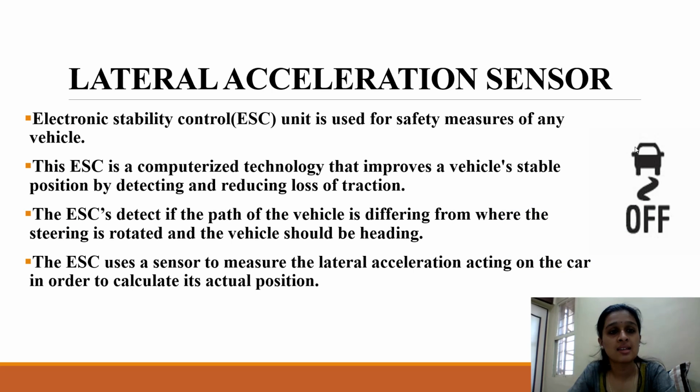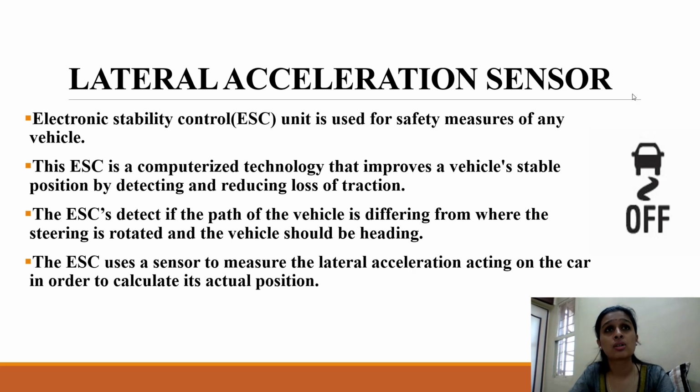The next we can see is the lateral acceleration sensor. Now these three sensors are utmost important for any suspension system. So basically whenever we are designing some automotive or whenever we see some car or there is some manufacturing, we have some norms pre-decided. Now we have an electronic stability control board or electronic stability control unit.